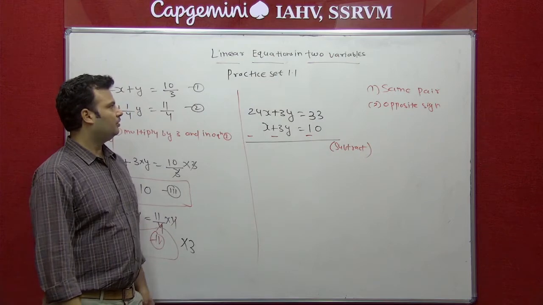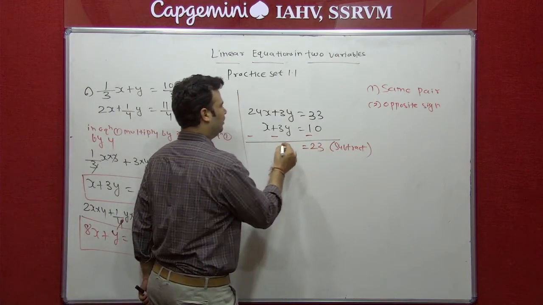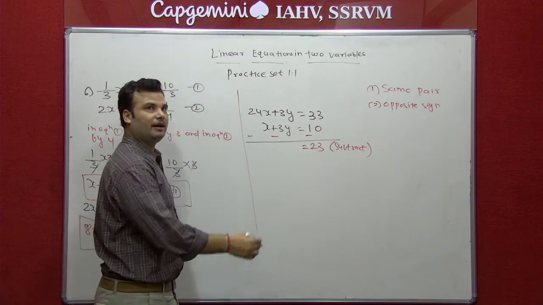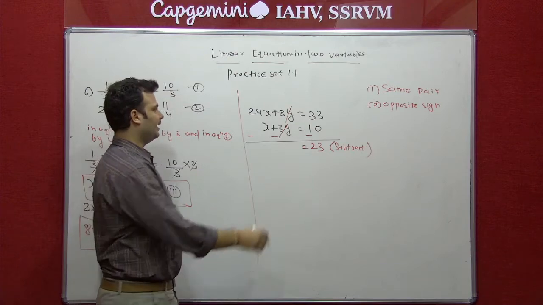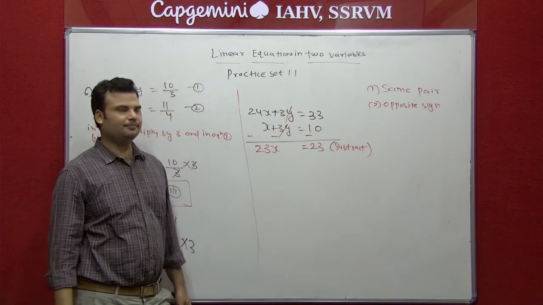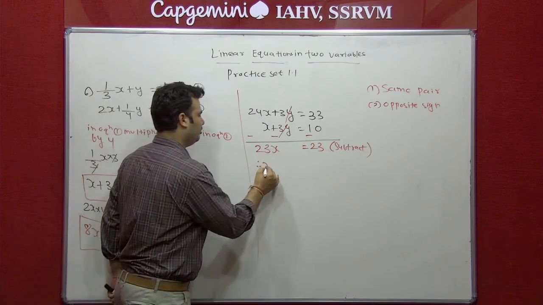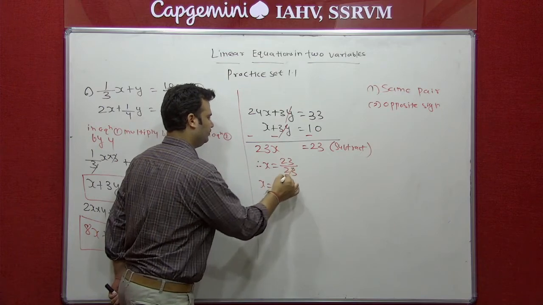So student, 33 minus 10, answer is 23. Plus 3y and minus 3y get cancelled. 24x minus x, that is 23x, equal to 23. Now we have to find the value of x. So 23 upon 23, answer is 1.